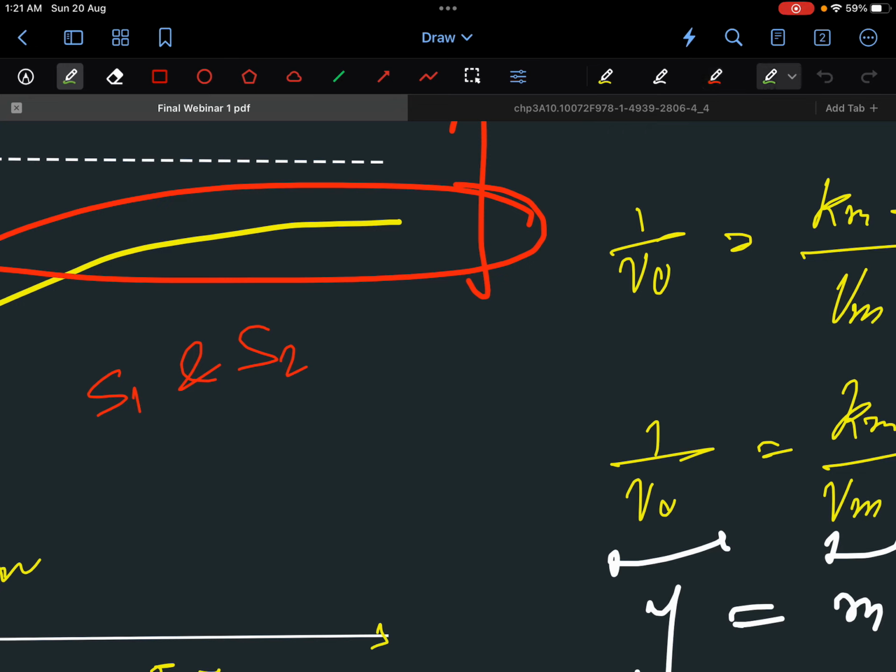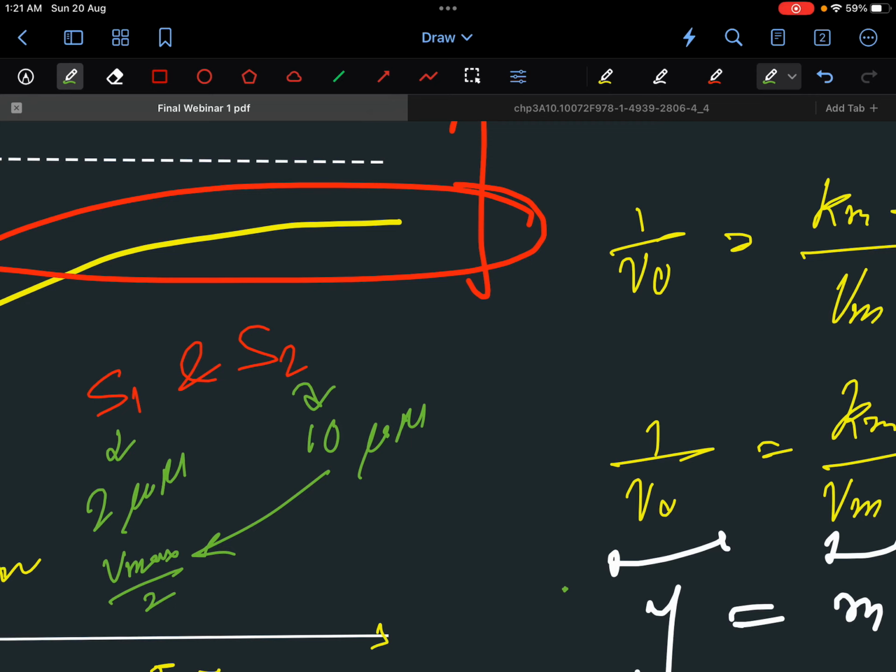In this scenario, substrate 1 takes a 2 micromolar concentration at which Vmax by 2 is reached, and substrate 2 takes a 10 micromolar concentration to reach Vmax by 2, right? To reach the same velocity.